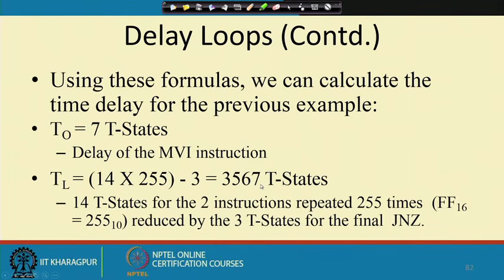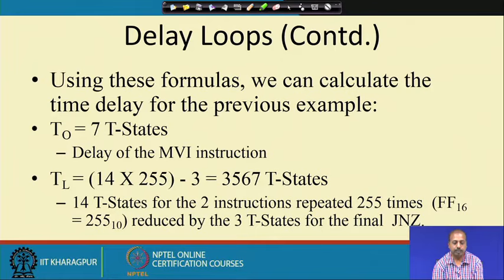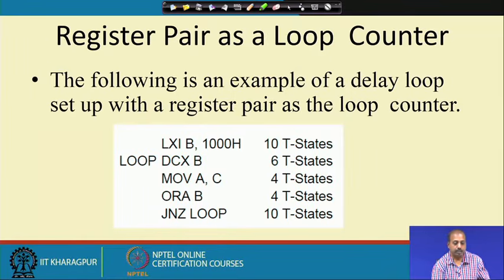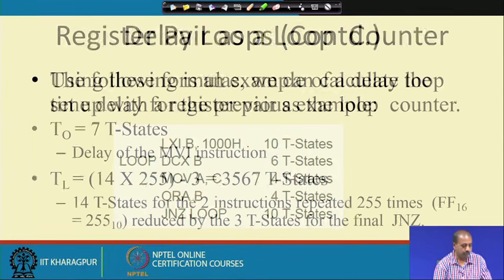So, 14 into 255 minus 3, because for the last part, this JNZ when it is failing takes only 7 clock cycles, not 10, so 3 clock cycles less. So that becomes 3567 T states: 14 T states for the 2 instructions repeated 255 times, reduced by 3 T states for the final JNZ.